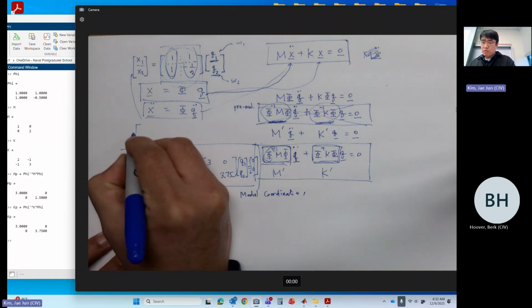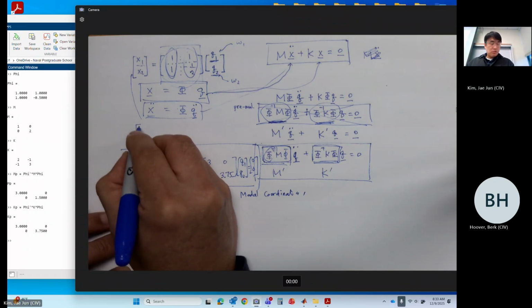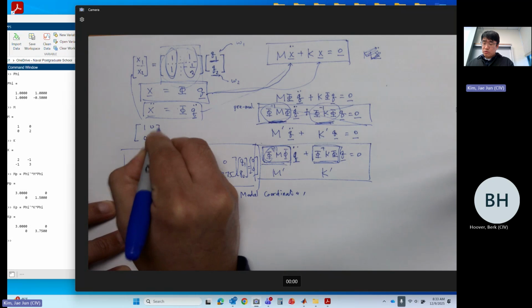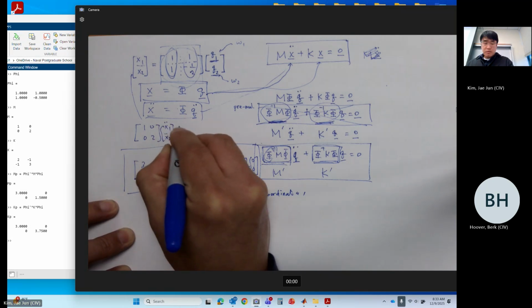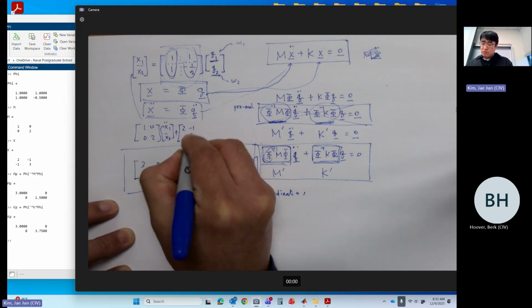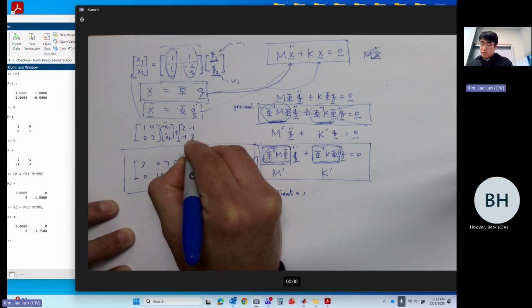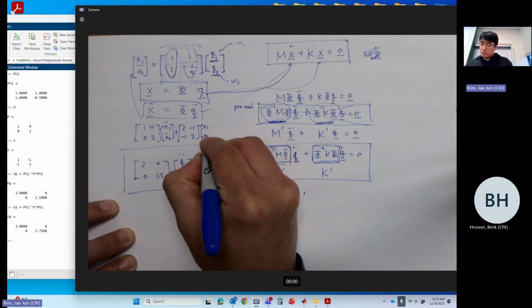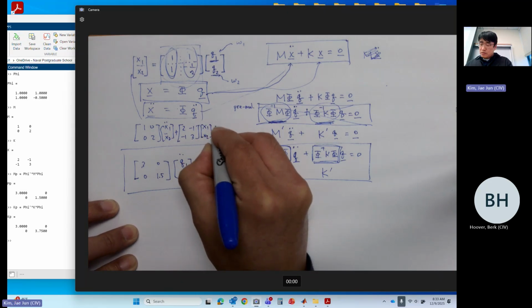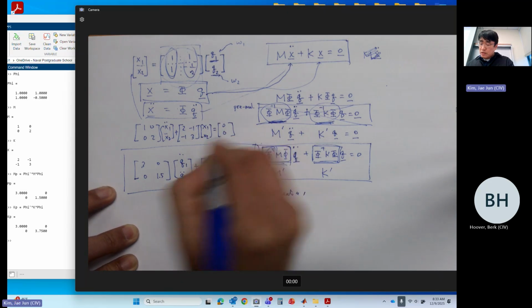The original equation of motion was 1002 times x1 x2 double dot plus 2 minus 1, minus 1 3 times x1 x2 is equal to 0.